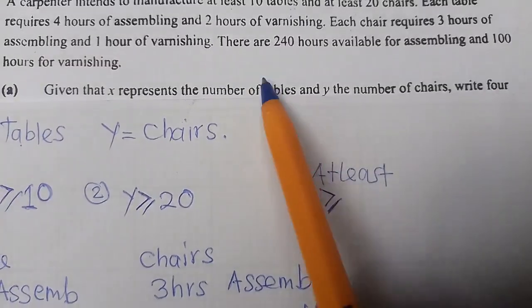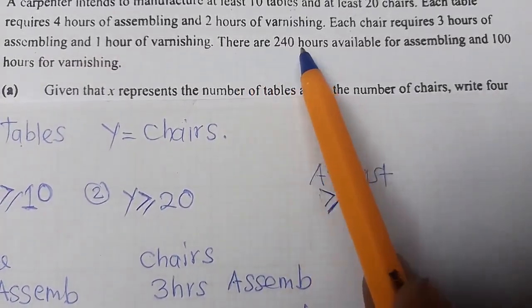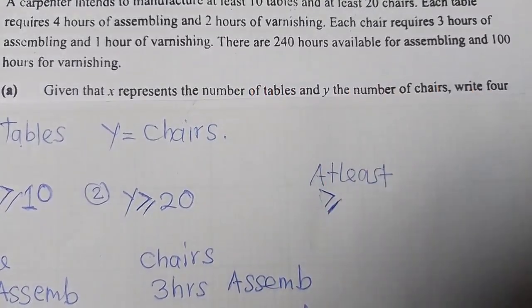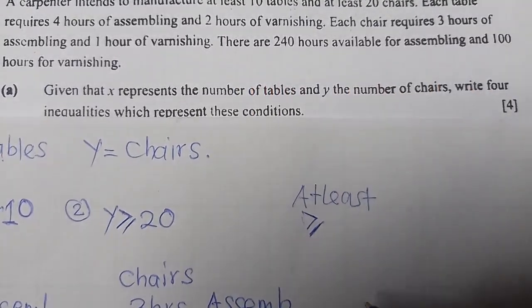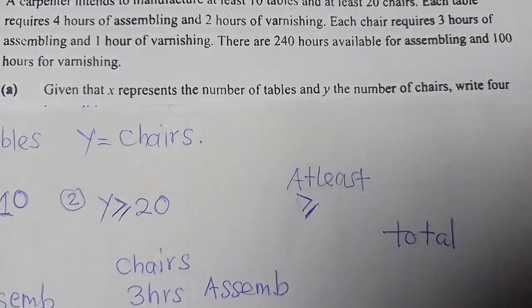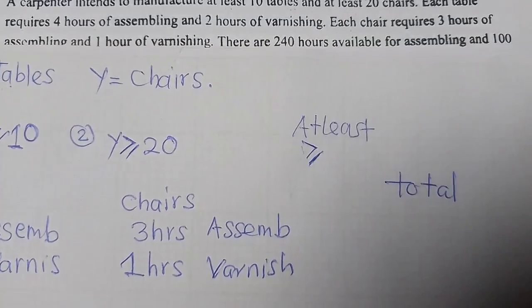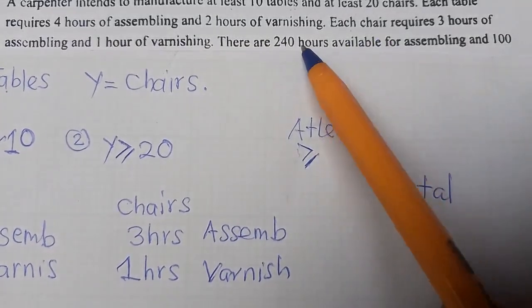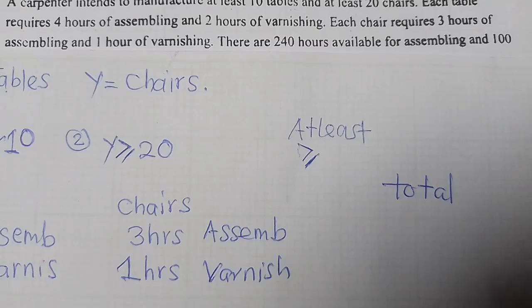Then the question is saying there are 240 hours available for assembling. So we are talking about the total now. We've got a total here. They are saying we've got 240 hours for assembling.